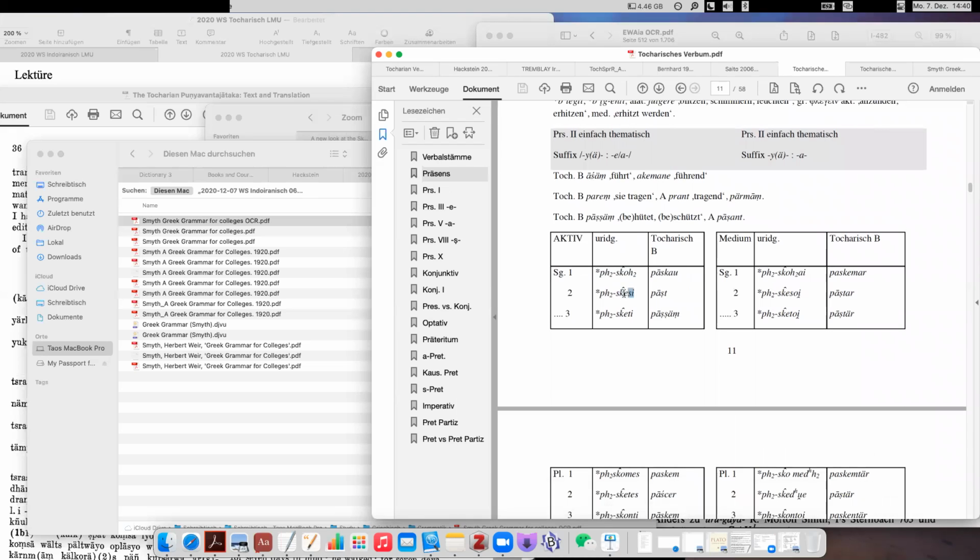So there's a thematic vowel between the root and the ending. Like this one, this one means to protect, schützen. There's another word meaning to lead, führen.